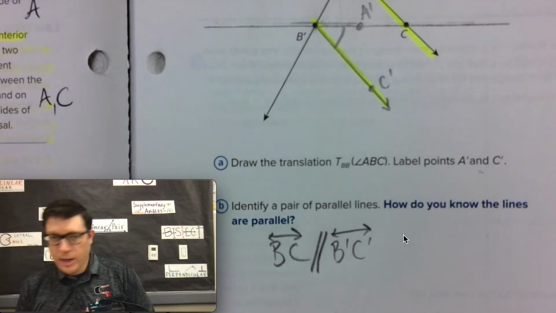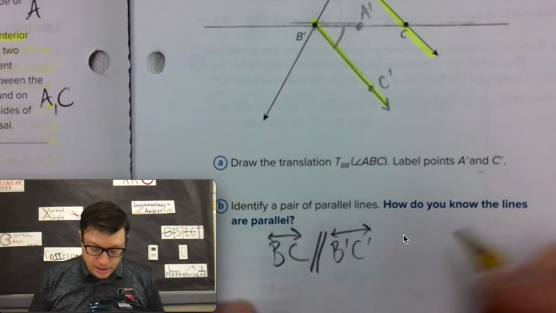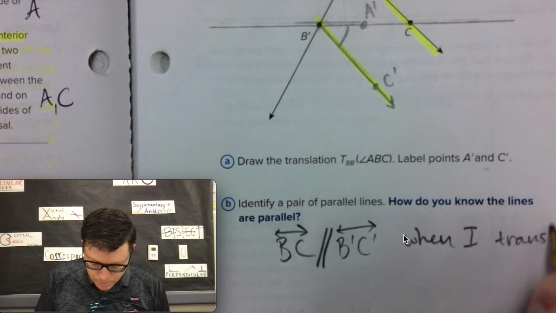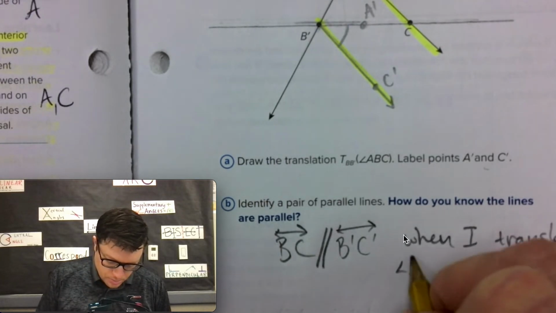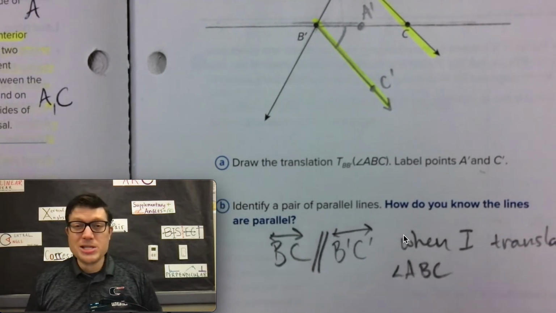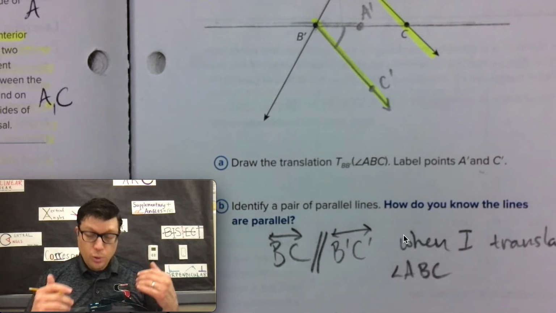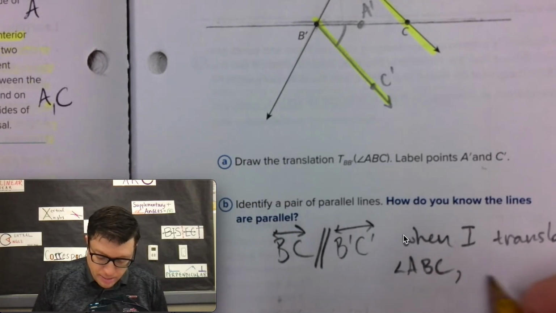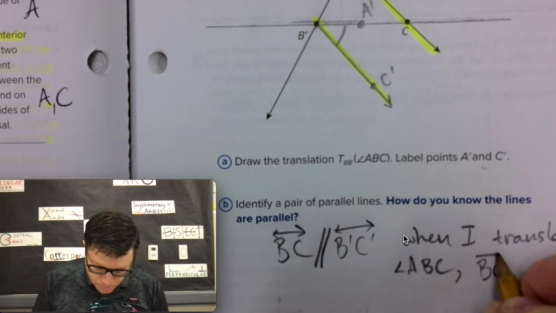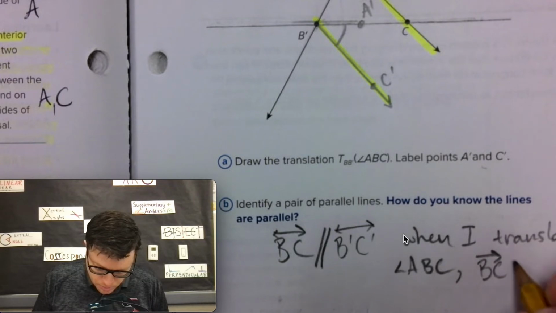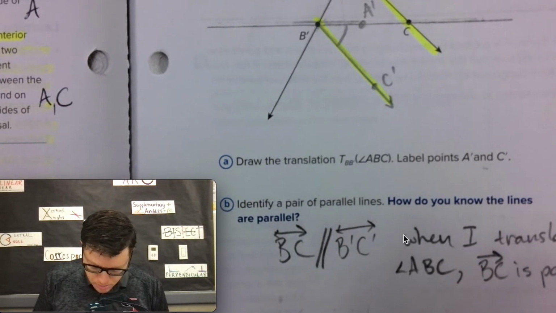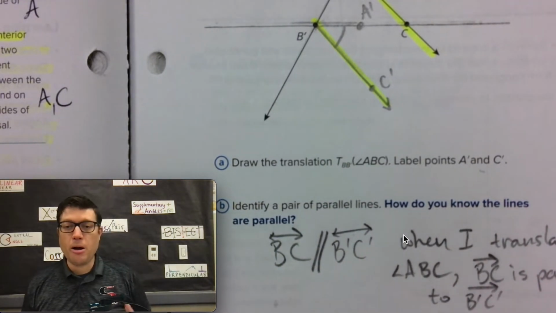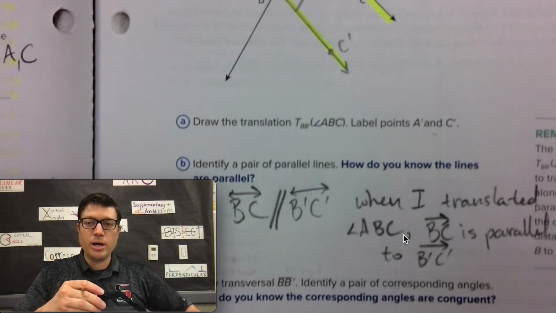Well, because when I translated the angle ABC, the ray BC was created parallel to ray B prime C prime. Okay, that's one pair of parallel lines that I know exist.